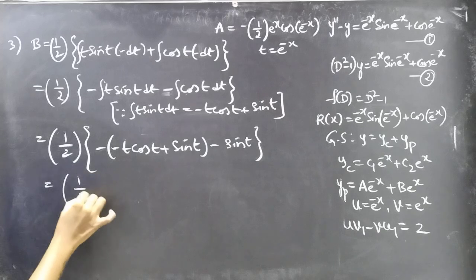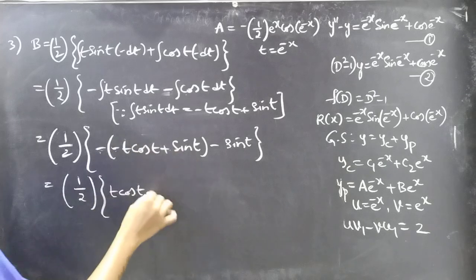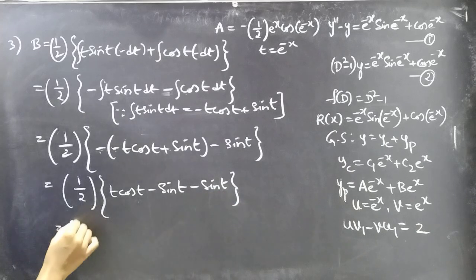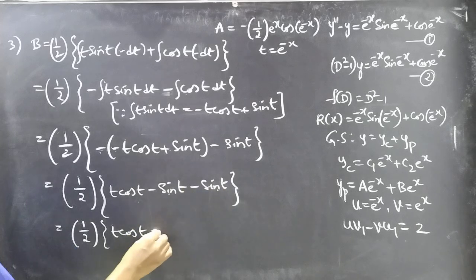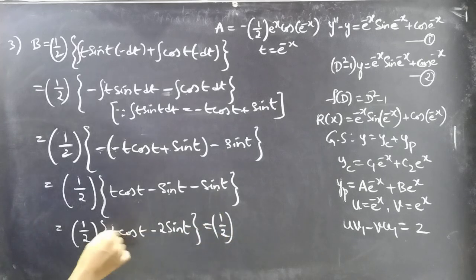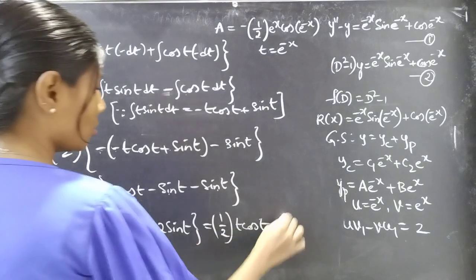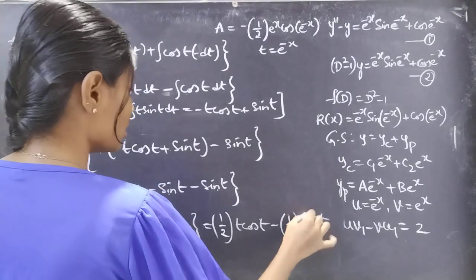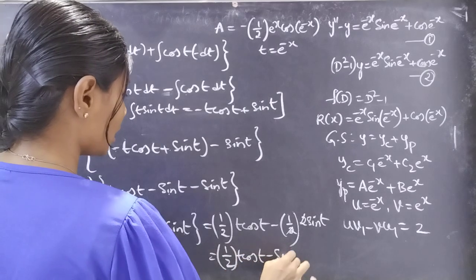Which gives us 1 by 2 into minus into minus plus t cos t, minus into plus minus sin t, minus sin t, right? Which gives us 1 by 2 into t cos t, minus sin t, which is minus 2 sin t, which gives us 1 by 2 t cos t minus 1 by 2 into 2 sin t. Here 2 gets cancelled and you'll get 1 by 2 t cos t minus sin t.